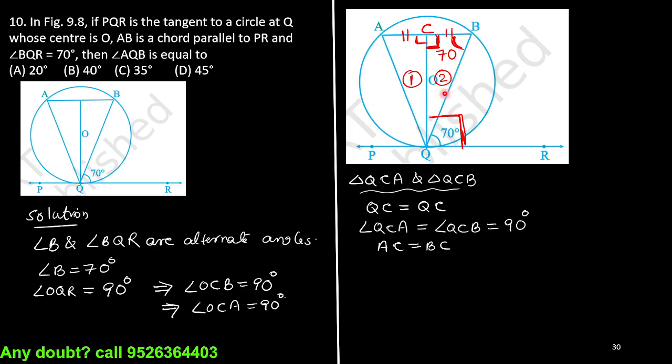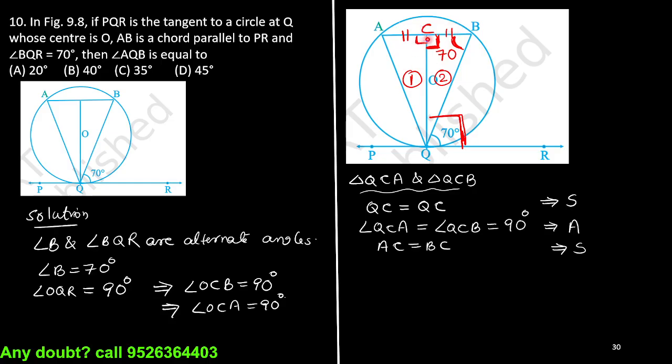So, we proved that two sides are equal, the common side, let me write here. Sides are equal for both the triangles, angles are equal, sides are equal. Clear? For both the triangles, QC is the common side, they are equal. BC equals AC, sides are equal.